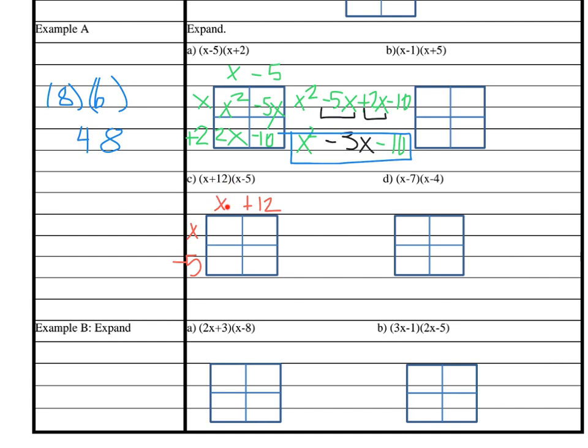So then x times x, I put in this box, is x squared. And then x times 12 is 12x in this box. And then x times negative 5 in this box is negative 5x.